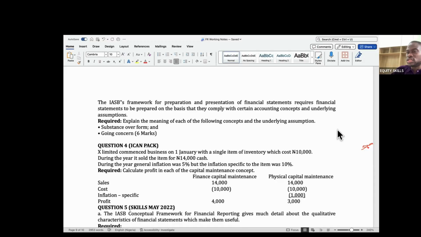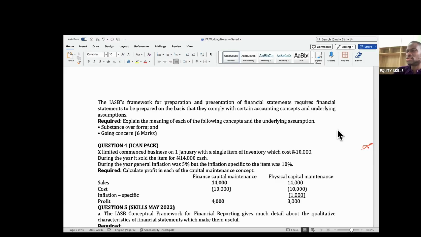Because when you look at a lease, you rent an asset, but the asset is not your own. So the legal form is that the asset is not your own. But the economic reality of that transaction is that you are the one using these assets. So we will not record the asset based on legal form.